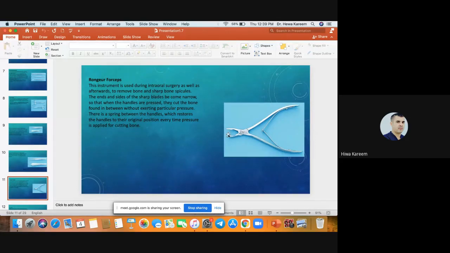There is a spring between the handles, which restores the handles to their original position every time pressure is applied for cutting the bone.